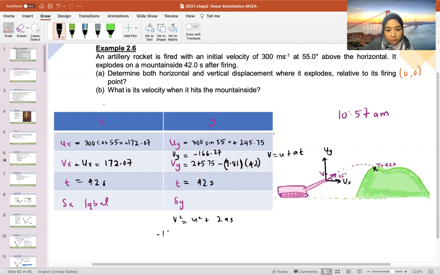Negative 166.27 square equals to bracket 300 sine 55 square plus 2 bracket negative 9.81 S. So, SY equals to 1668.97 meter.